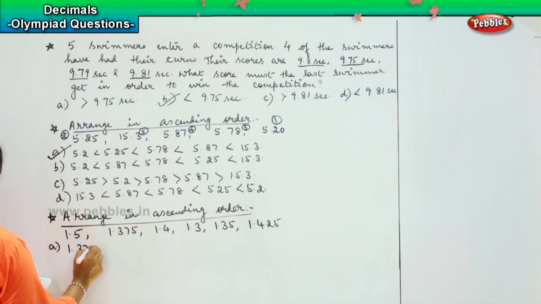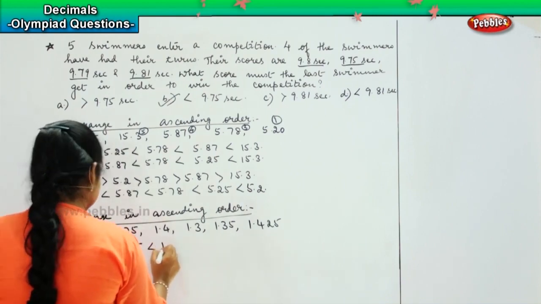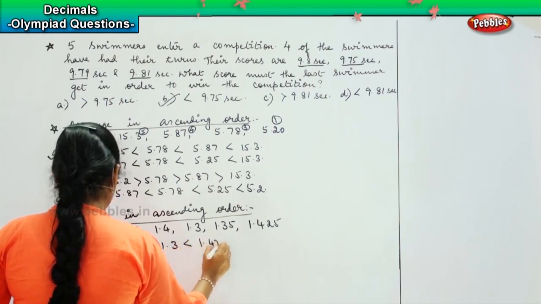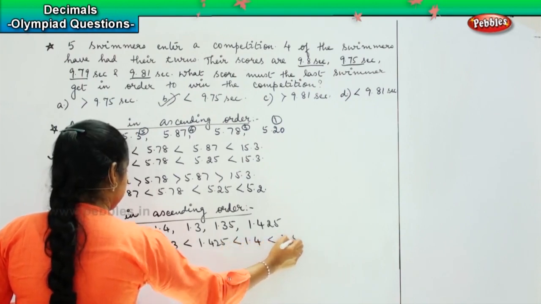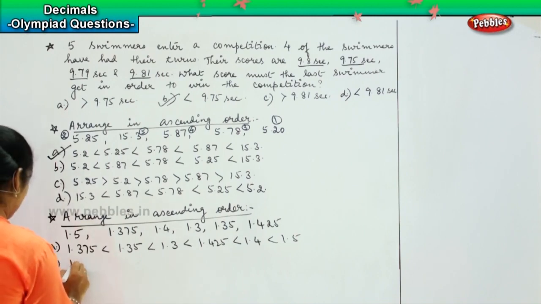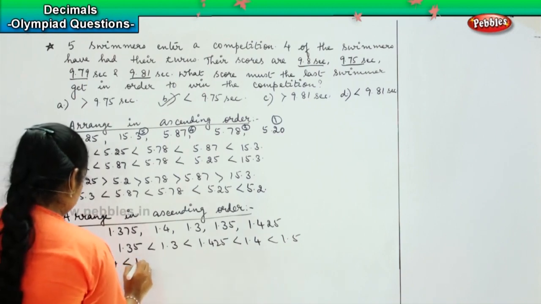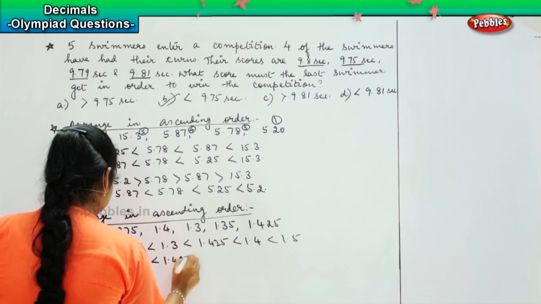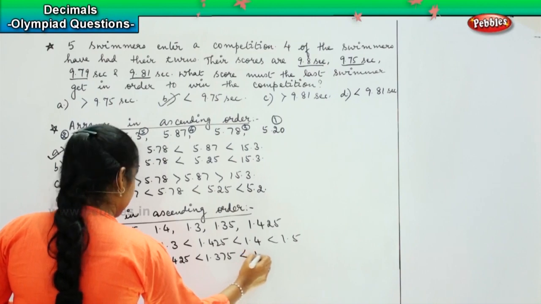The options are: 1.375 is less than 1.35, is less than 1.3, is less than 1.425, is less than 1.4, is less than 1.5. Option B, 1.5 is less than 1.4, is less than 1.3, is less than 1.425, is less than 1.375, is less than 1.35.